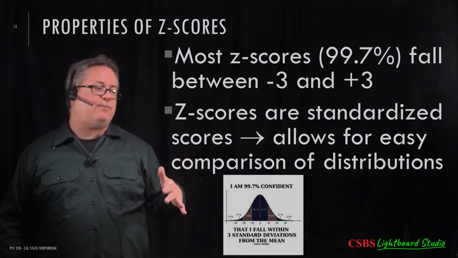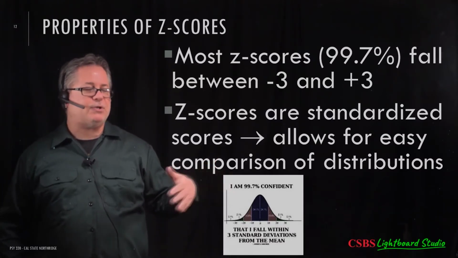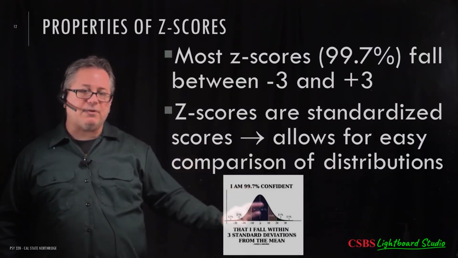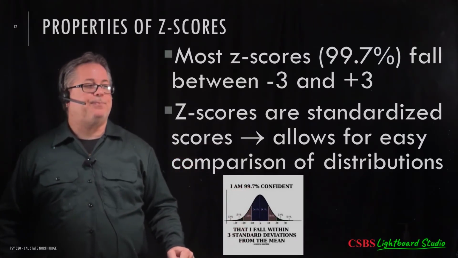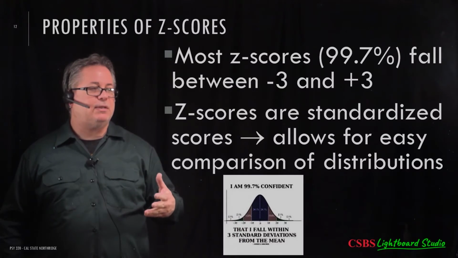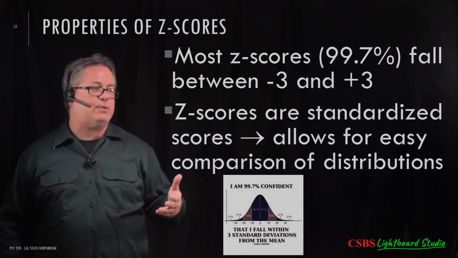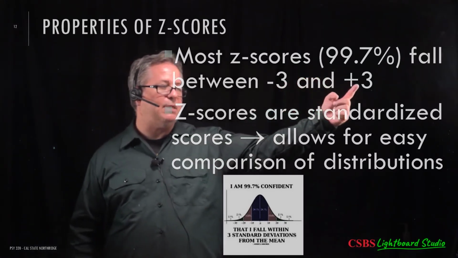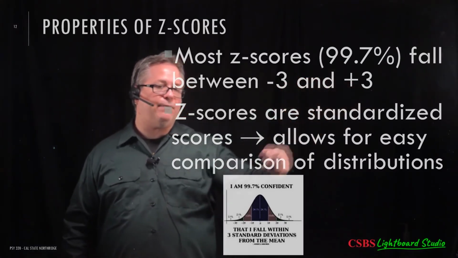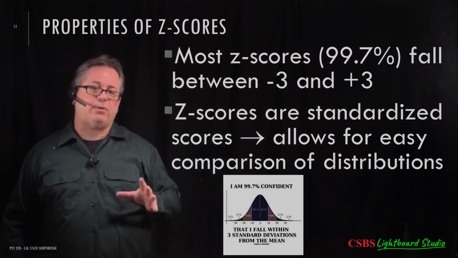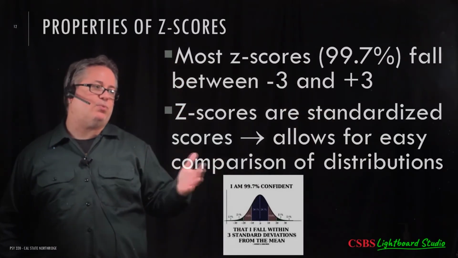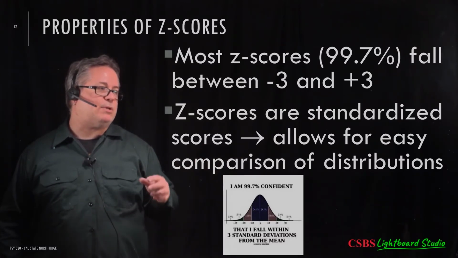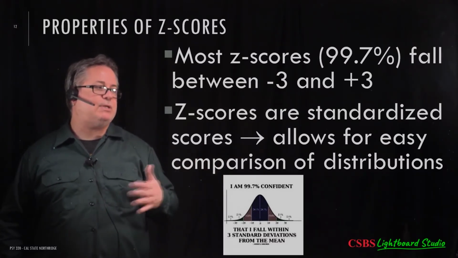So yes, you can figure out the probabilities for 4 or 5 standard deviations, but they're going to be infinitesimally small. Functionally, the majority of the distribution falls between -3 and 3. If you were to round this up, it'd be roughly 100%. So we can get nearly 100% of the scores, or a probability of 1, by looking at just the range between -3 and +3. Z-scores are standardized scores, so this allows for easy comparison of distributions.